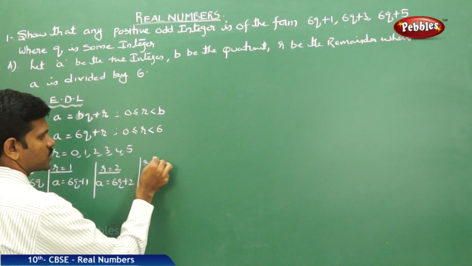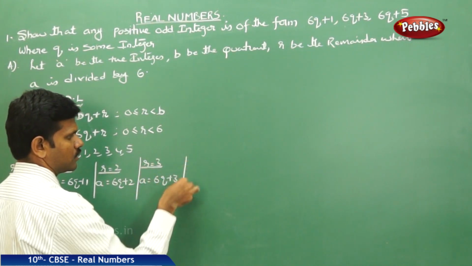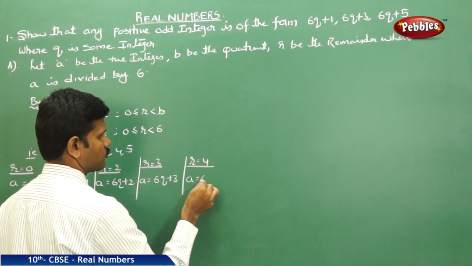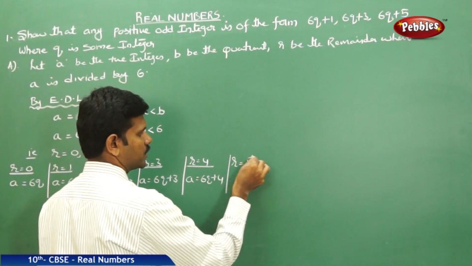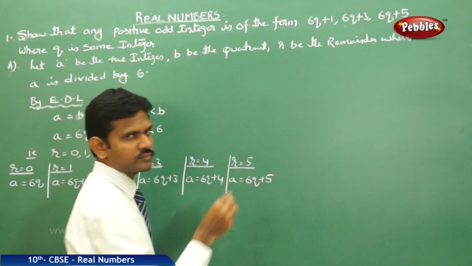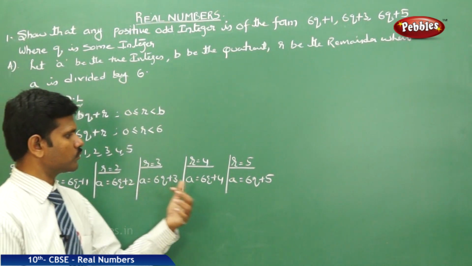If r is equal to 3, a is equal to 6q plus 3. If r is equal to 4, a is equal to 6q plus 4. If r is equal to 5, a is equal to 6q plus 5. That means we have 6 cases.